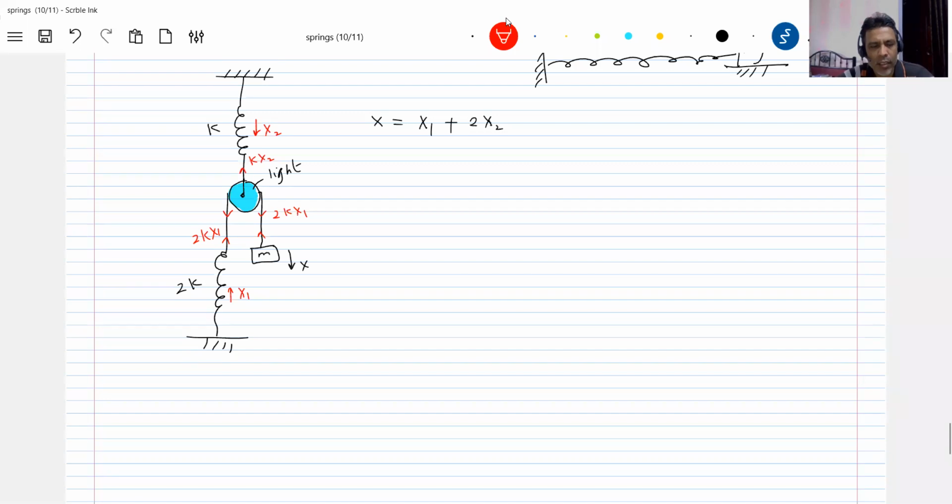The spring is elongated, no? So therefore, how should the spring force act at this particular point? All of you able to get this? Spring is elongated, so what will the spring force do? Yeah, it should be like this. 2k, because everything is a spring.